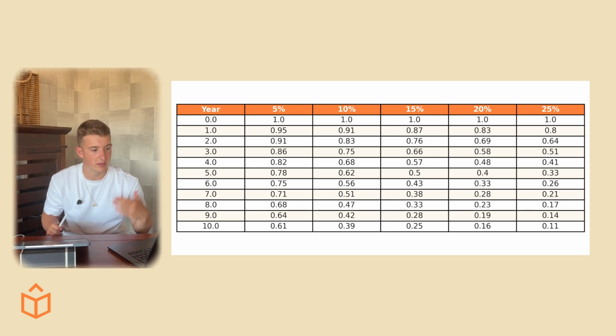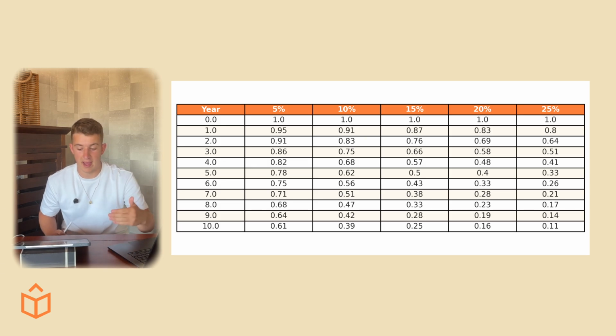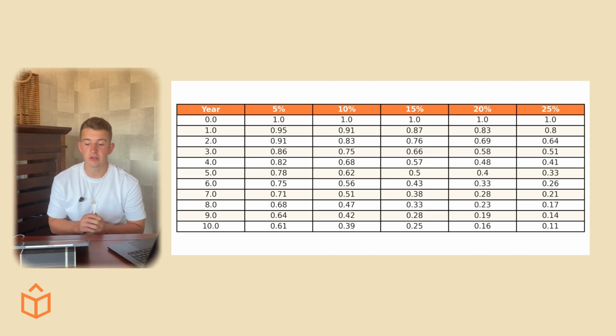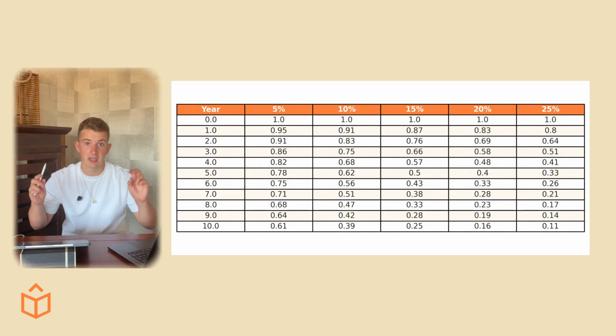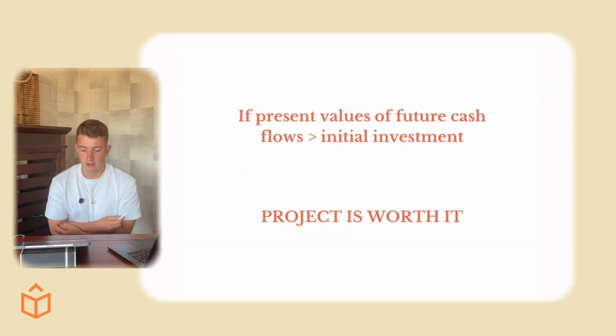But let's assume there is a discount rate of 5%. You have a table in your book that shows the discount rate, and the more ahead we go in the years, the less our money is worth now. So what these discount rates do is translate our future cash flows into money of today.